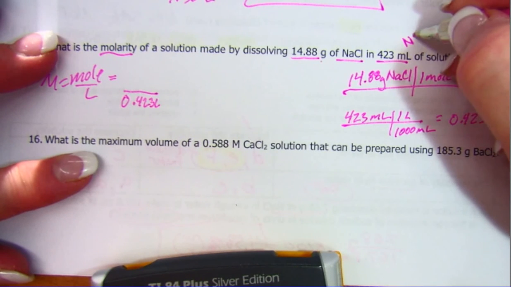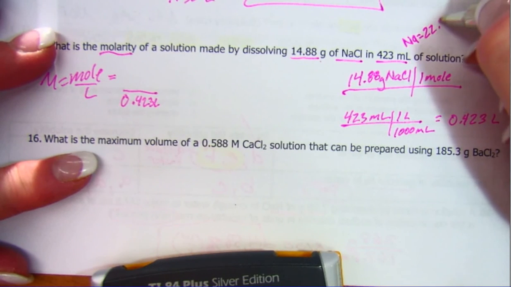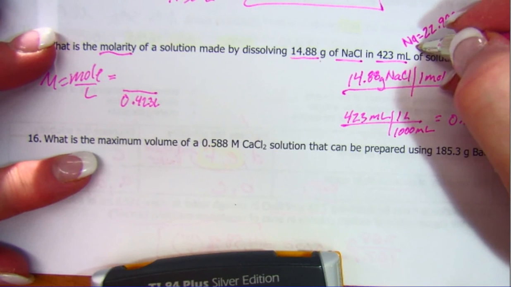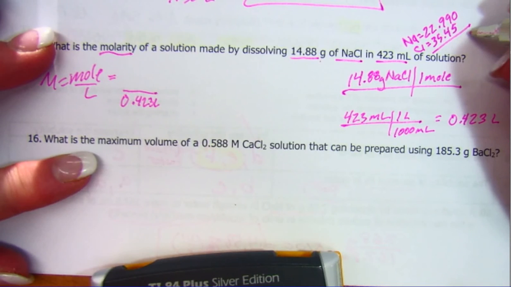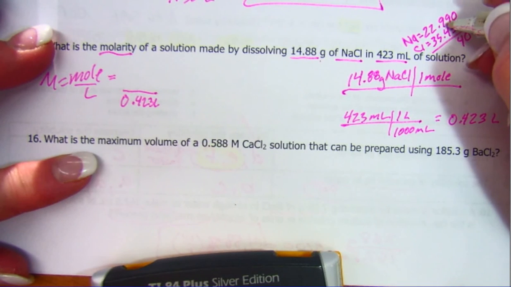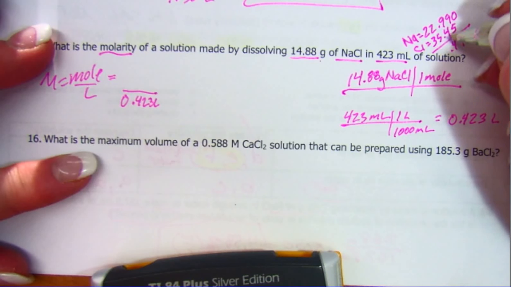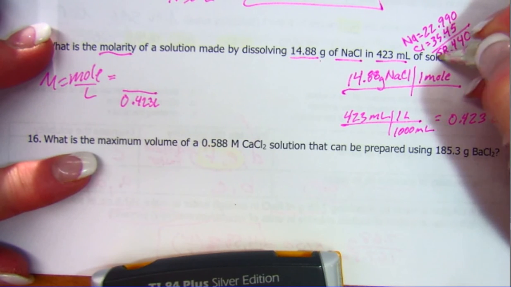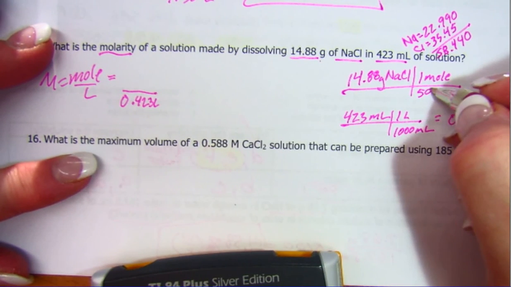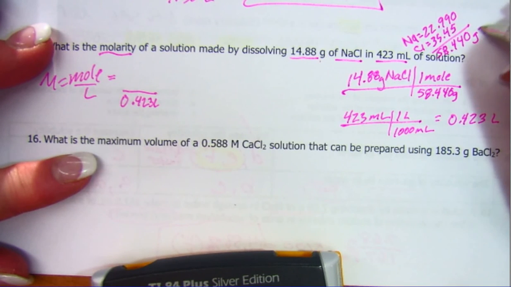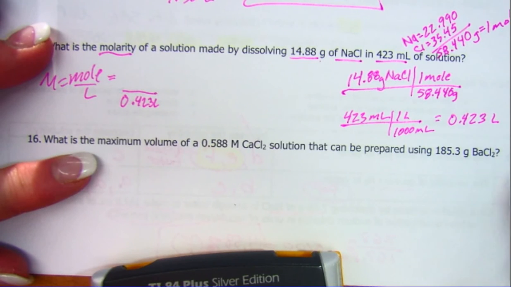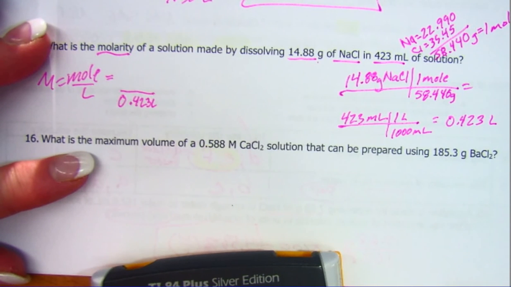But we need to add up the mass of NaCl. So Na is 22.99 from the periodic table. Chlorine is 35.45. Add it together, 58.44. Put that on the bottom. That's how many grams equal 1 mole. Plug that through, 14.88 divided by 58.44.